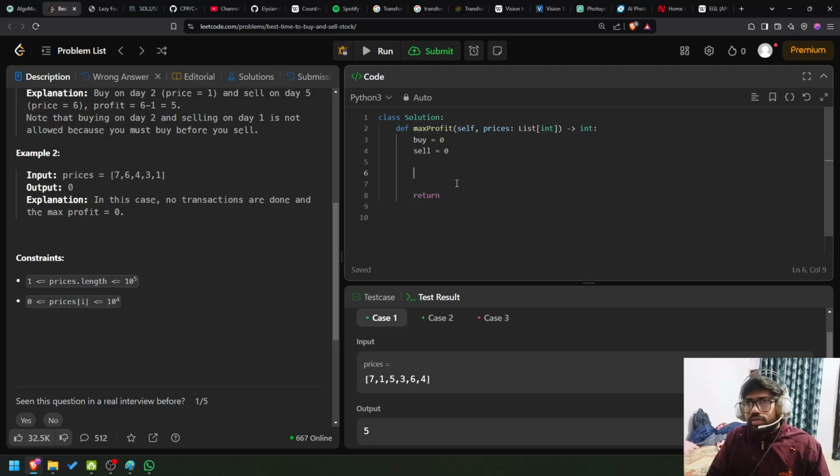I'll make a new variable max equal to 0, and we'll say for i in range, while j is less than len of prices. I guess this condition is valid.